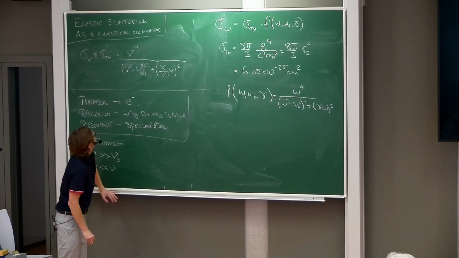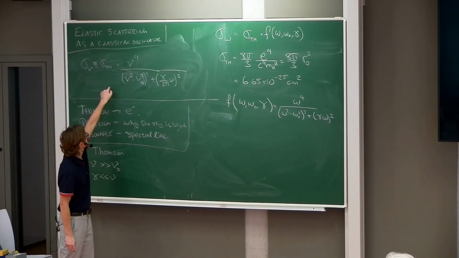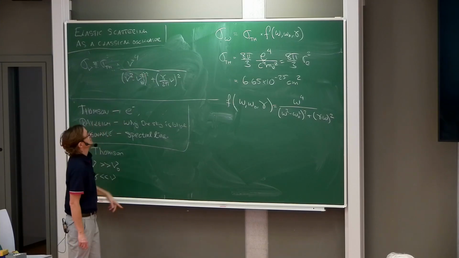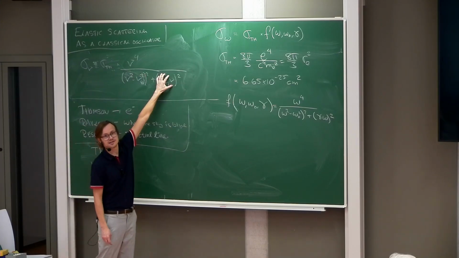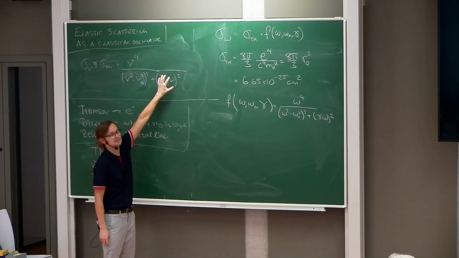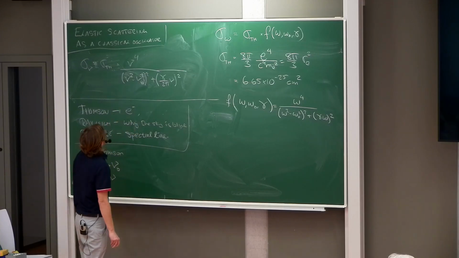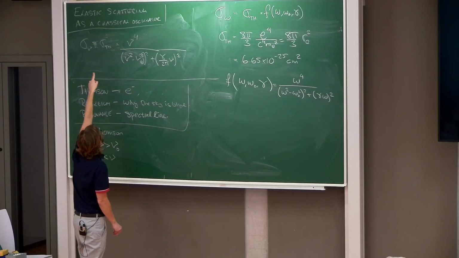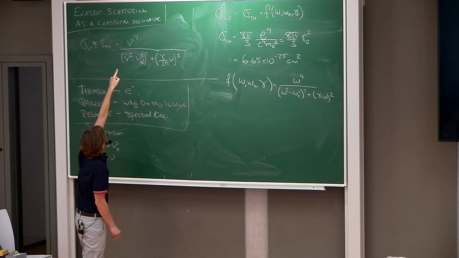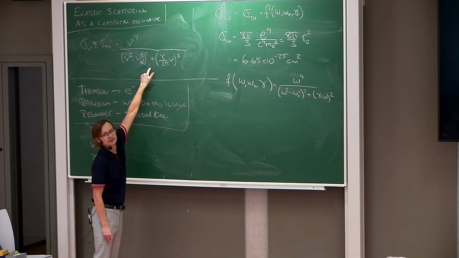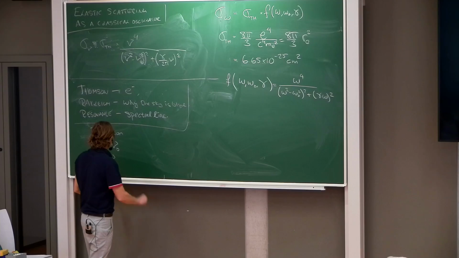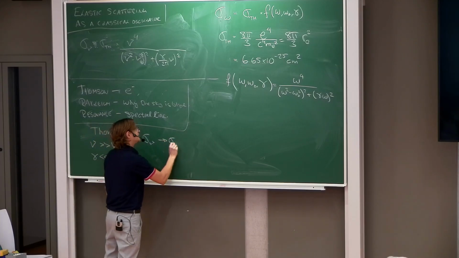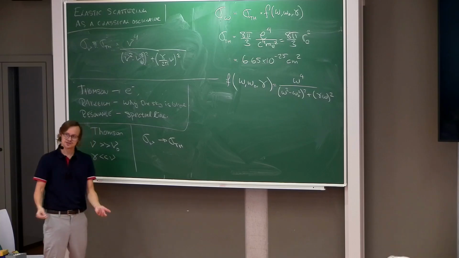So if we do that, then this one is much, much greater than this one. This vanishes. This one essentially goes to 0 in comparison. So this one also vanishes. And we're left with sigma Thomson, nu to the 4th power divided by nu squared squared. So that's nu to the 4th power. So in this limit, it goes to, indeed, the Thomson cross-section.